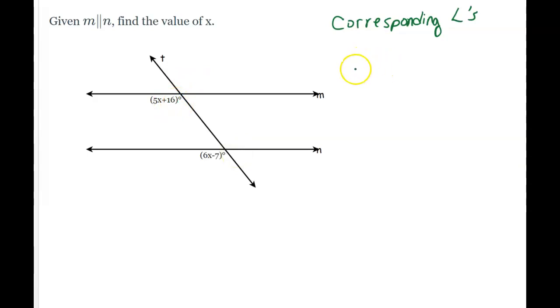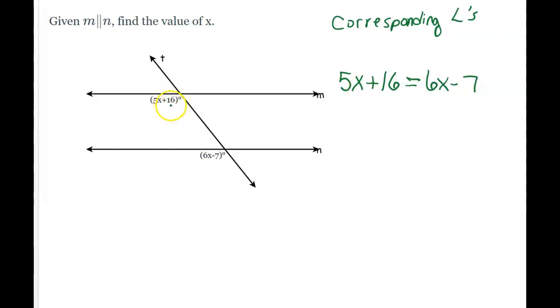So that means that I can show my work by saying 5x plus 16 is equal to 6x minus 7. These have equal measures. Think back to when we were looking at all these.